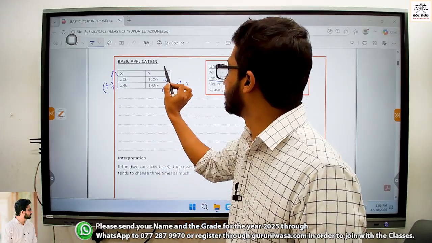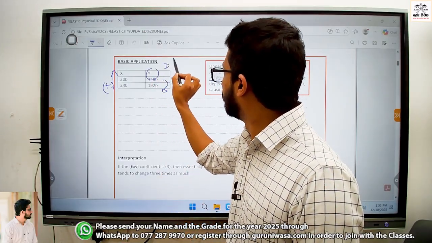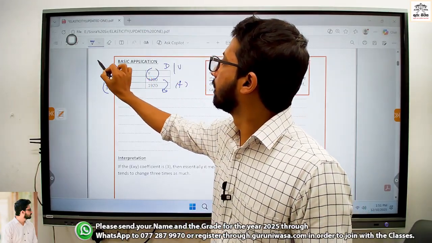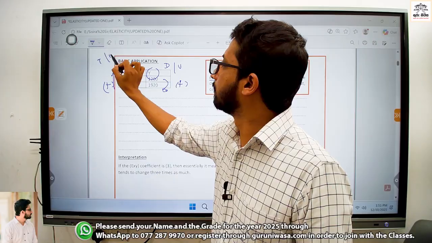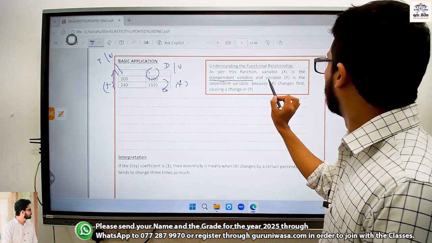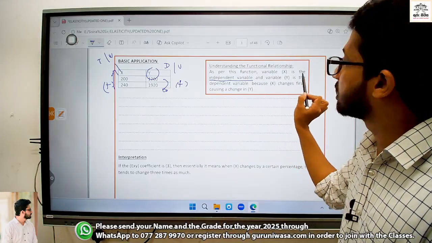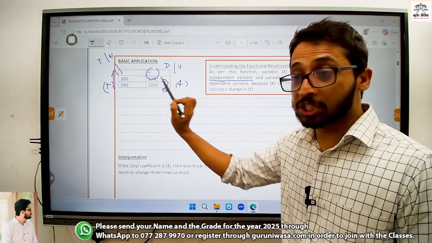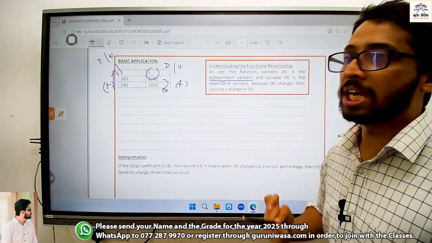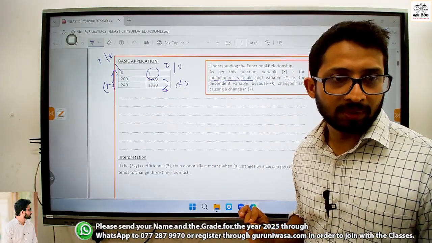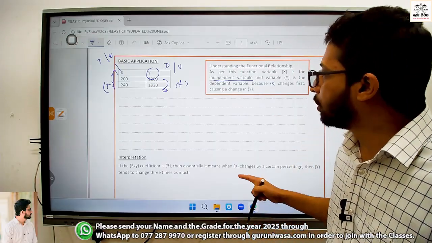This is called the dependent variable, and this is called the independent variable. Variable y is the dependent variable because x changes first, causing a change in y.